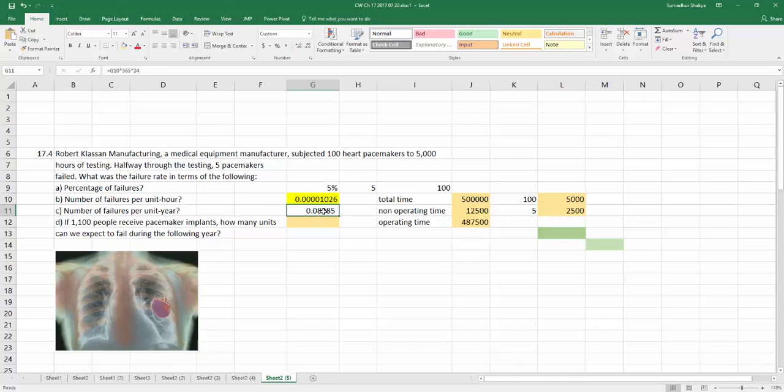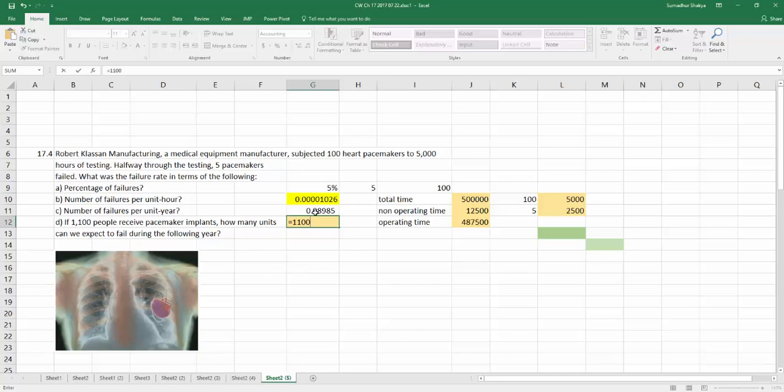Now, as of now, the general public would say, oh, that's pretty small, therefore it's pretty good. But how about if we were to look at it from the perspective of 1100 people who do receive heart transplant from the device that was manufactured by this company?